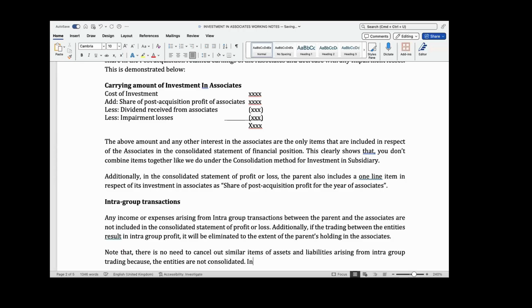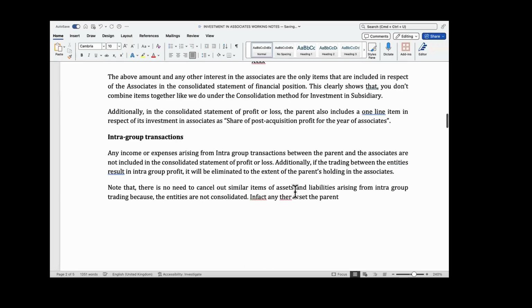In fact, any other assets the parent has in the associates should be included in the investment in associates.